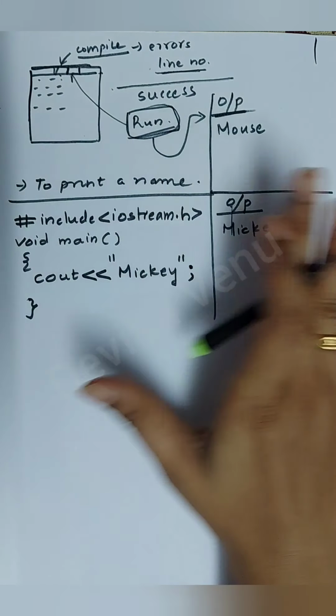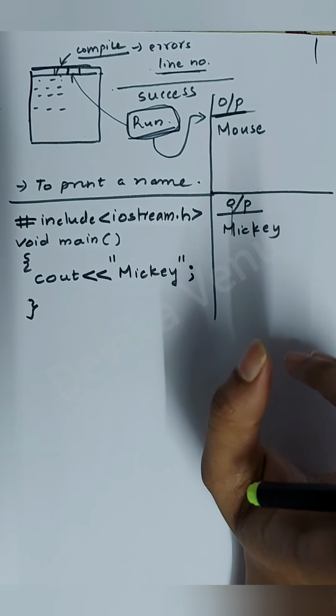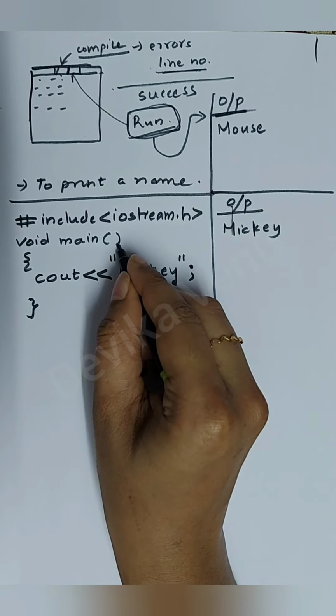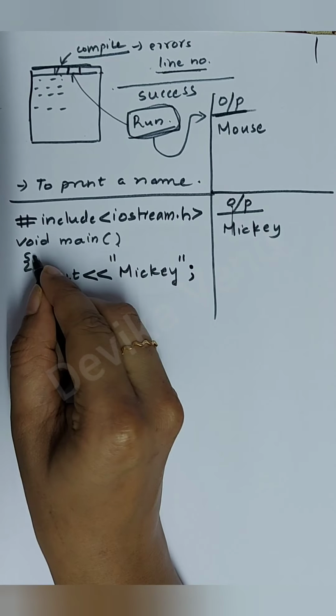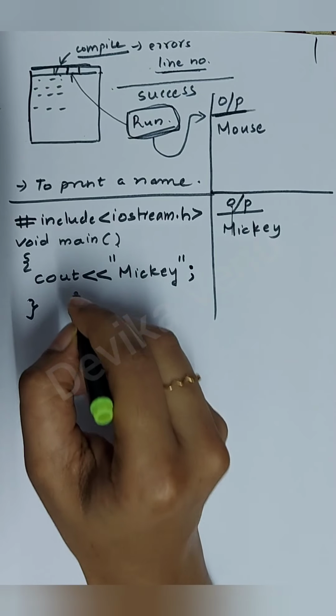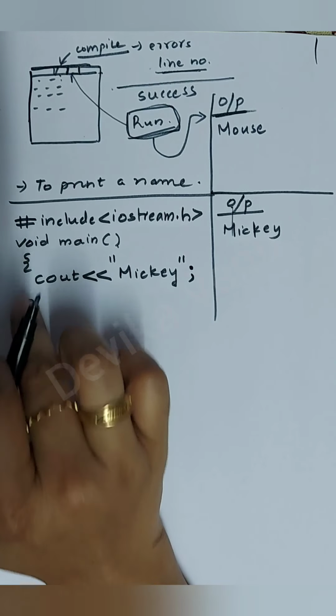I think this program is clear to you. Again, one thing I have to tell you is that when you open the main function, you have to write the commands inside these braces.